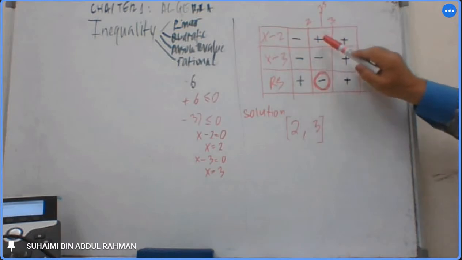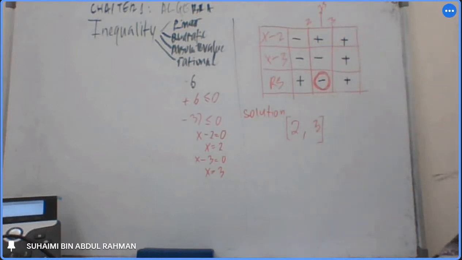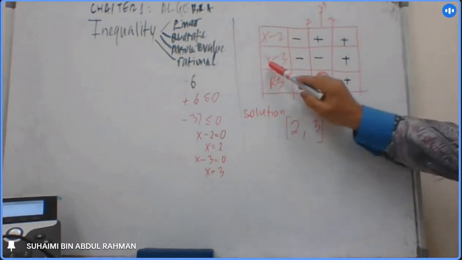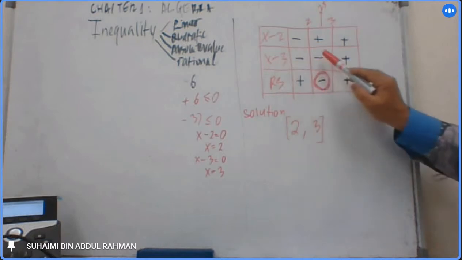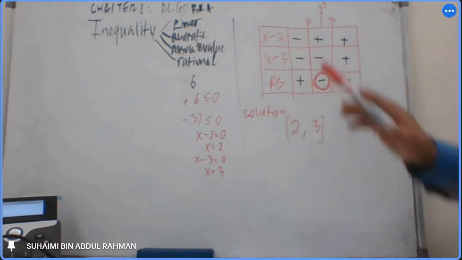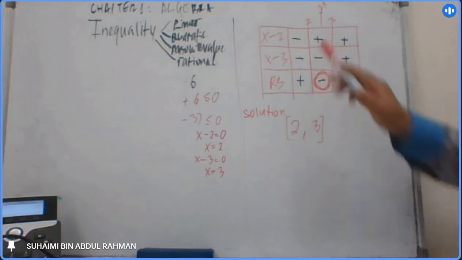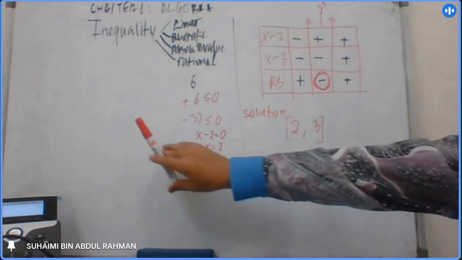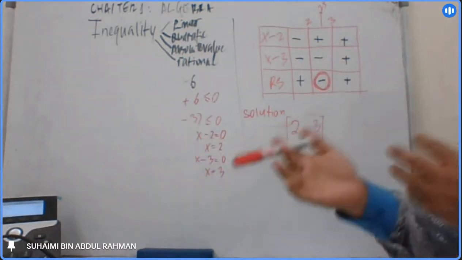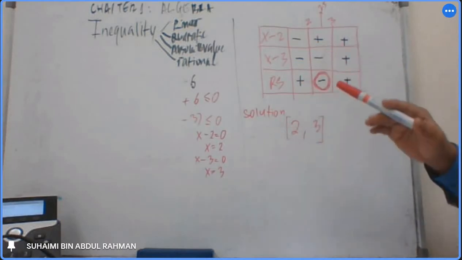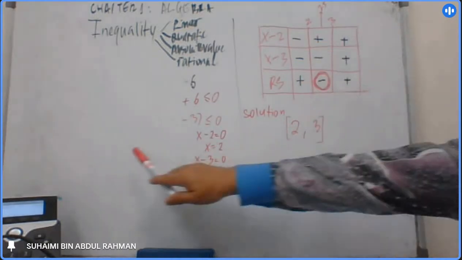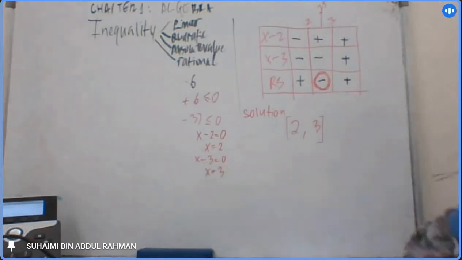2.5 minus 2 is a positive number. Then you substitute into x, 2.5 minus 3 is a negative number. When positive meets negative, in multiplication, multiplication between positive and negative. Why do we need to multiply? Because it is multiplication here.